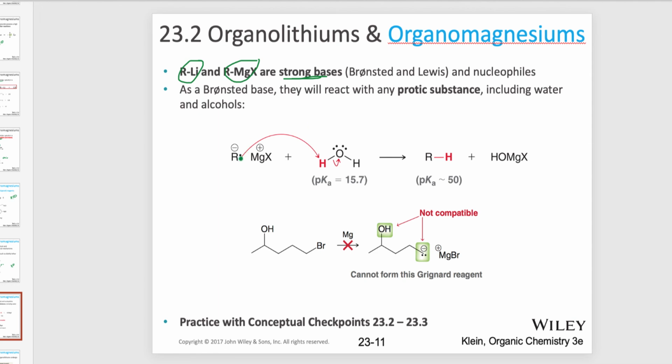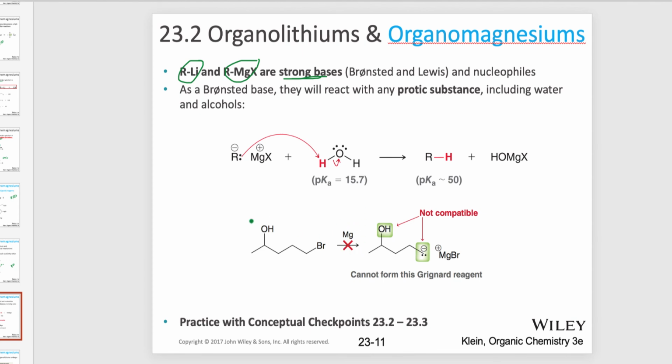Here you see a reaction where a Grignard reagent is being quenched by a water molecule. Here it is picking up a proton, now forming a carbon-hydrogen bond that is very, very strong, and we get a salt side product. We want to be aware of this aspect, because if we are choosing a substrate that has a protic source, such as an alcohol in this molecule here, we cannot use magnesium.